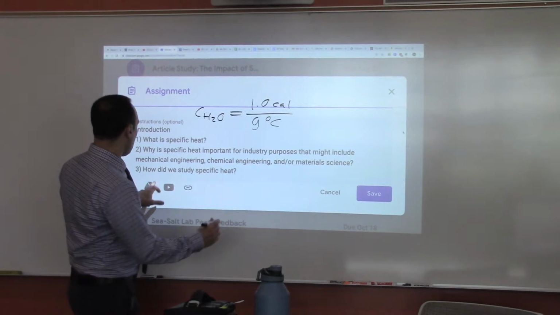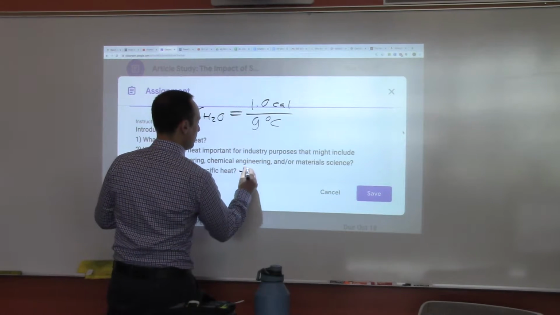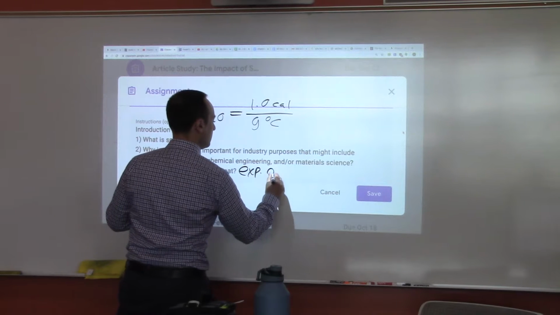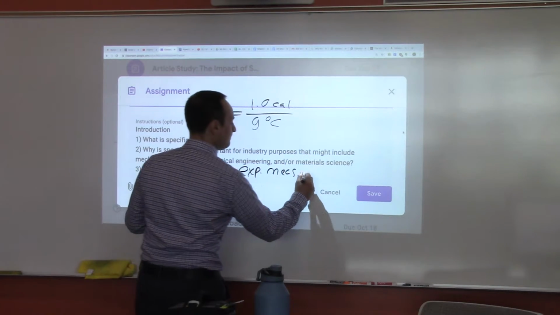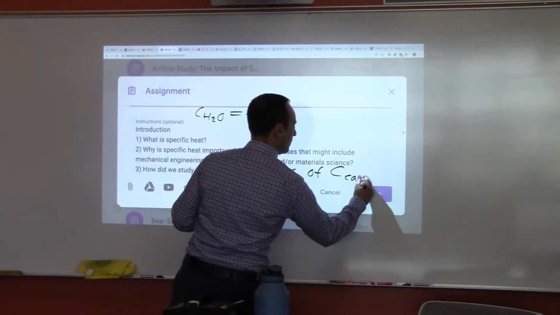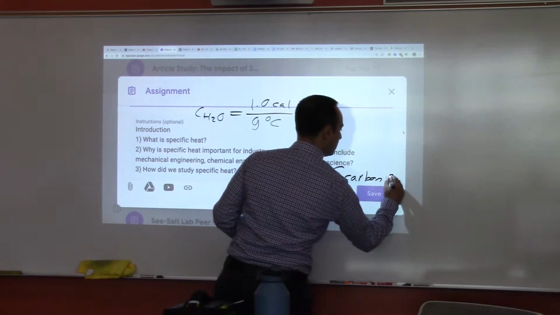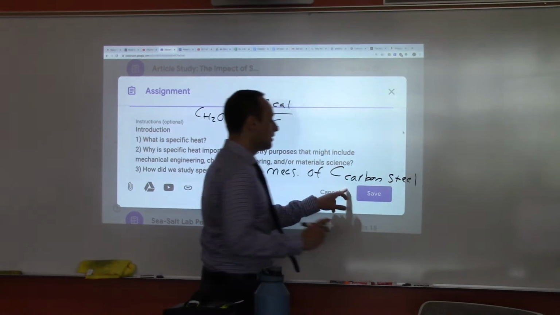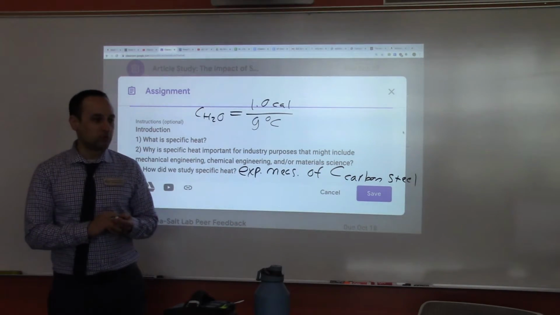Okay, so what we did was experimental measurement of specific heat of carbon steel. That's what our bolt was made out of.